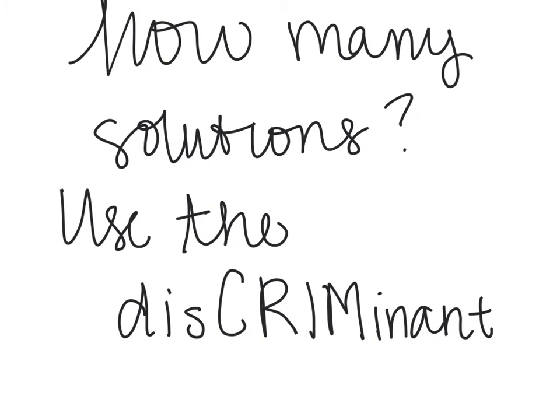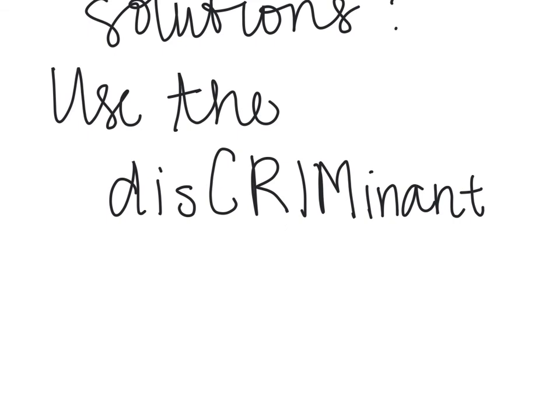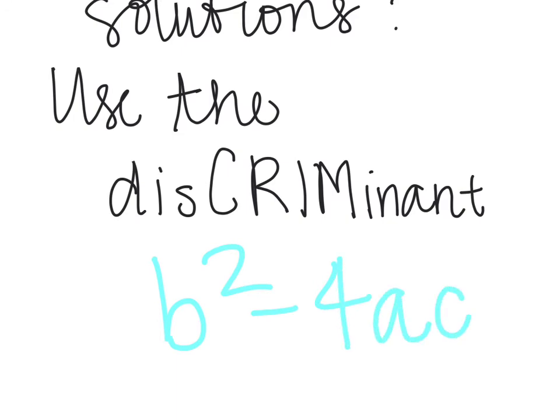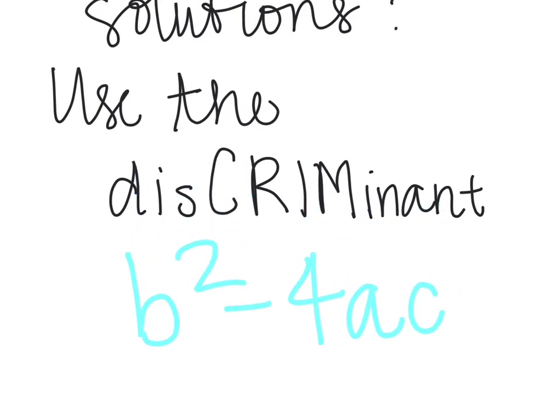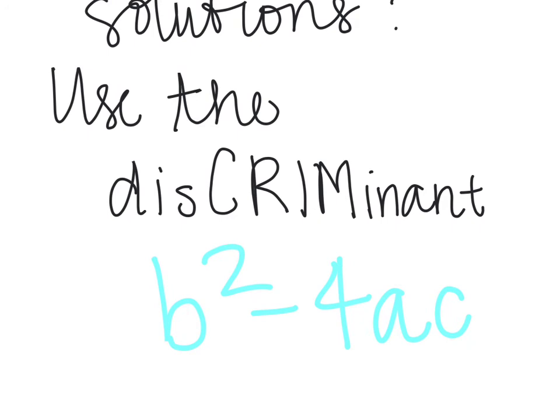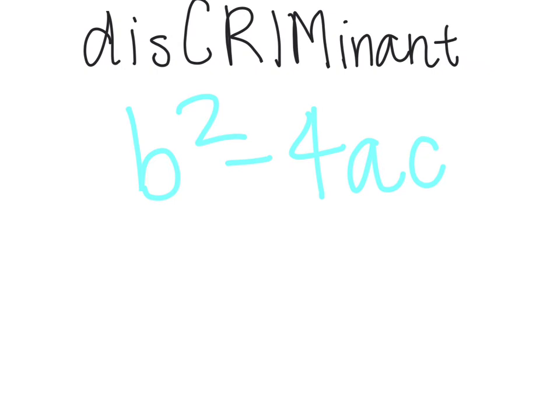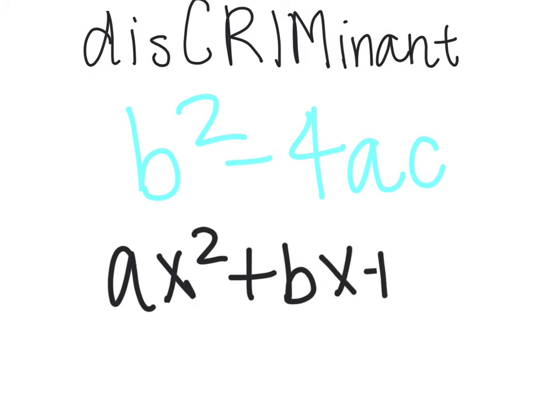And hopefully you remember that the discriminant is the expression b squared minus 4ac. Where do a, b, and c come from? I don't make those numbers up. I get them from the standard form of my quadratic, which should always be ax squared plus bx plus c.